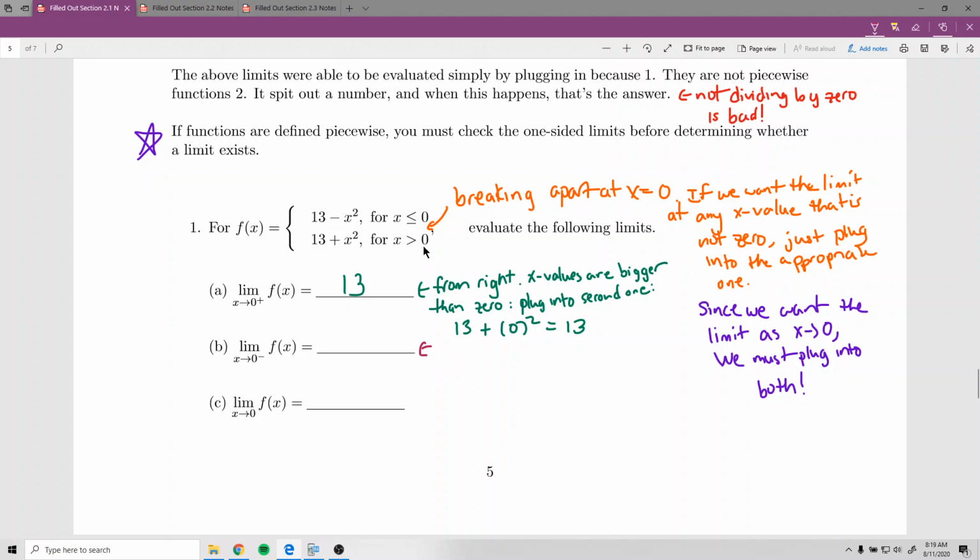Now the second one, from the left, means the x values are smaller. They're negative.